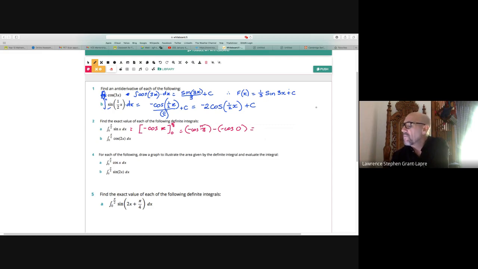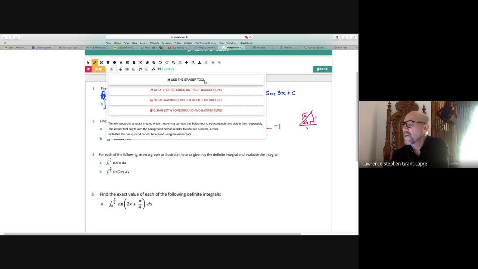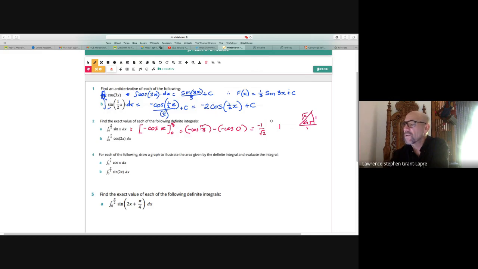Using your 1, 1, root 2 triangle, cos of pi over 4 is adjacent over hypotenuse, 1 over root 2. That's negative 1 over root 2, minus. Now cos of 0 is 1, so negative cos of 0 is minus negative 1. So we're left with plus 1. I'll just change minus negative, it's easier just to call it plus 1.